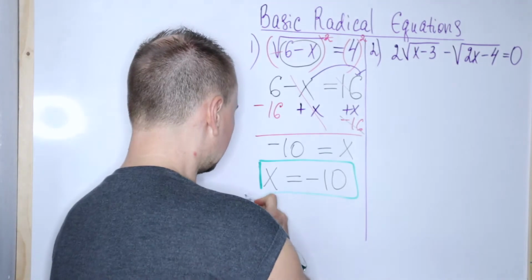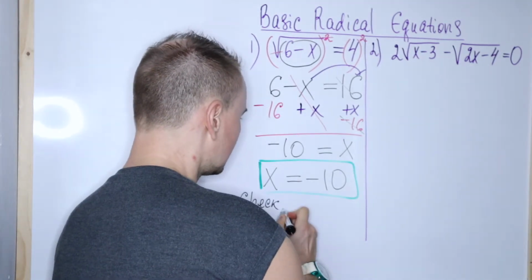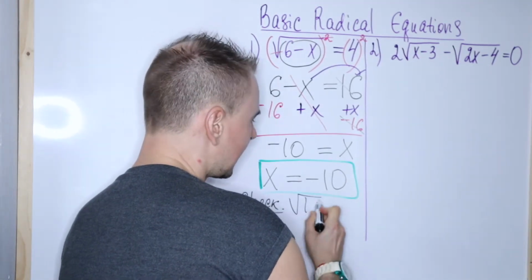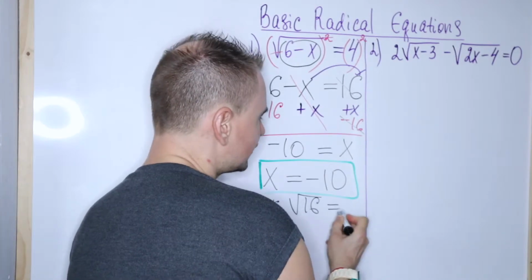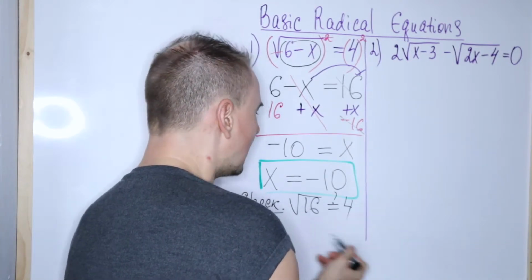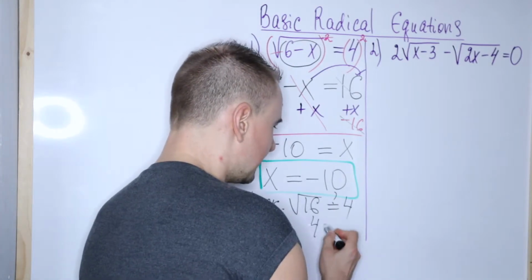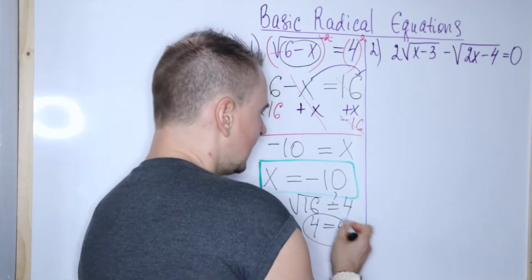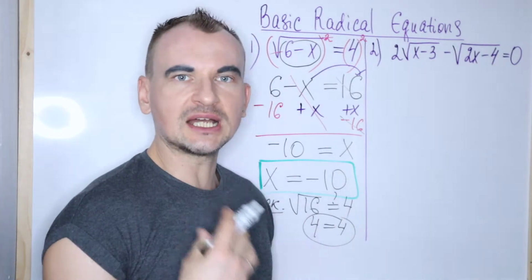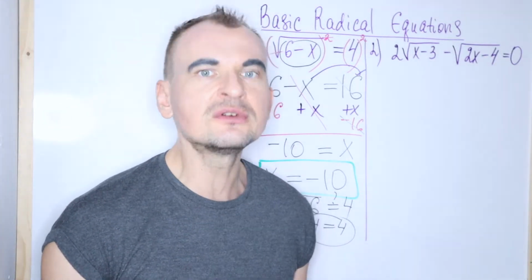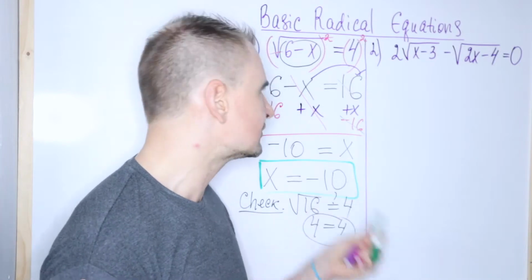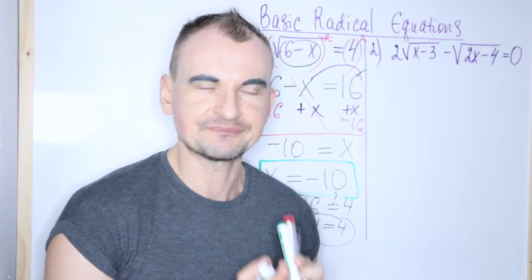So something like, if you want to check, the root of 16, and just check to see does it equal 4. And since the square root of 16 is just 4, the positive value, the principal value, so 4 does equal 4. So that's true, that checks out, and that's your solution.